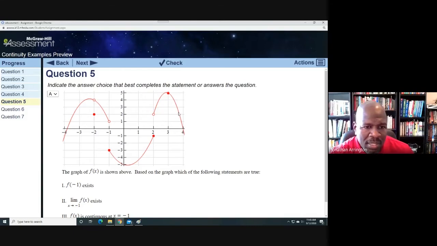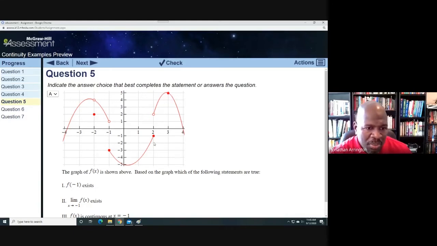So that means that the left-hand side and the right-hand side of the function are equal. So when you have a piecewise function, what you want is those two pieces to equal the same number.